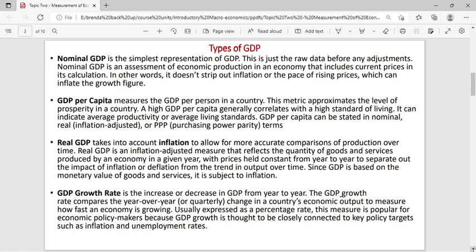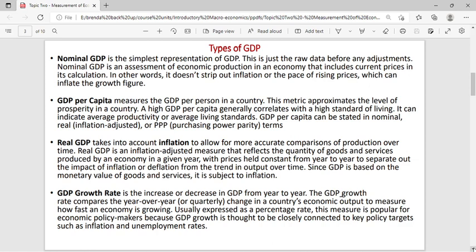The other type is the GDP growth rate, which is the increase or decrease in GDP from year to year. So here we compare the yearly or quarterly change in the country's output to measure whether the economy is actually growing or not, or if it is growing, is the growth gradual or significant.